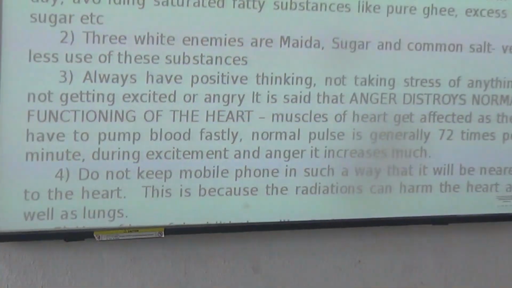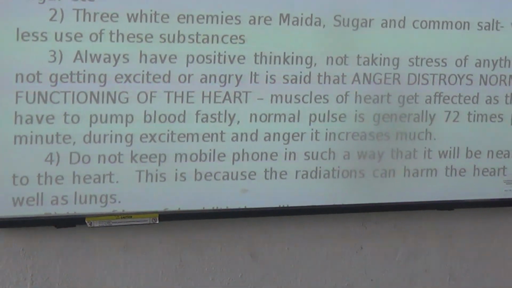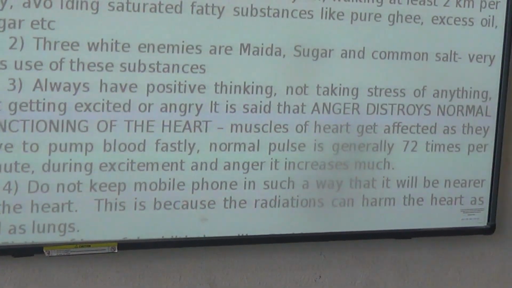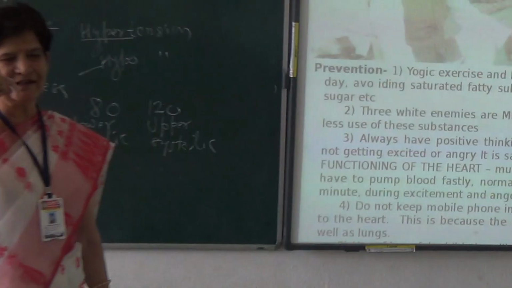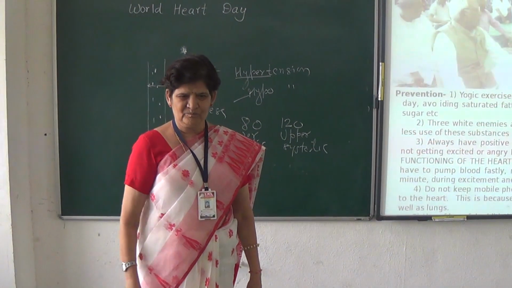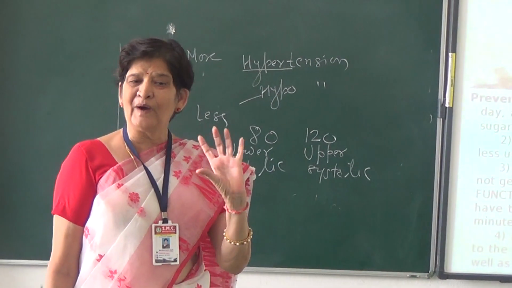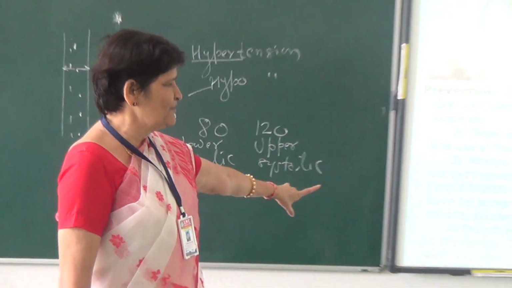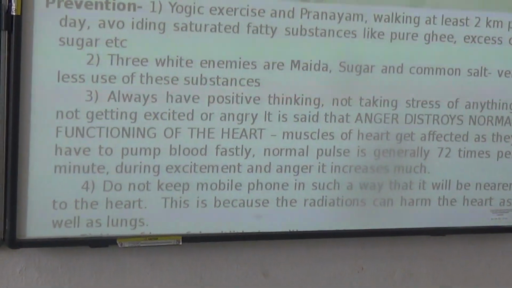So we should not get angry, and do not keep the mobile phone in such a way that it is near the heart. Generally mobile phones are kept in the pocket. Whatever radiations are there are quite harmful and can harm the lungs as well as the heart.